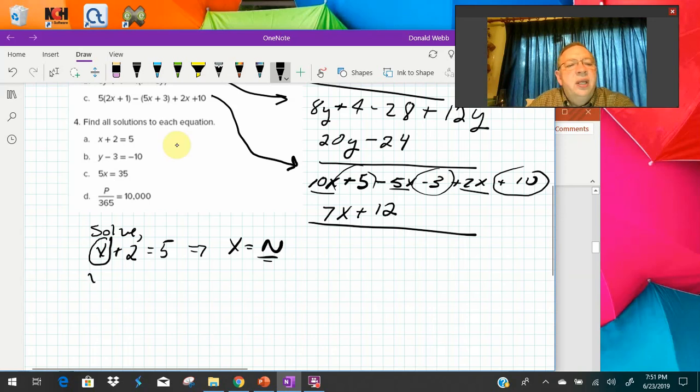So if I do it really the long, correct way, I've got this. And basically I've subtracted off 2 on both sides, and this is 0. 2 minus 2 is 0. So now I've got this here, x is equal to, that's going to give it to me. 5 minus 2 is our 3.